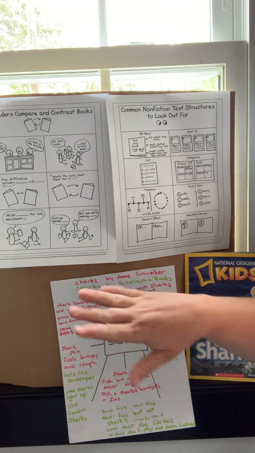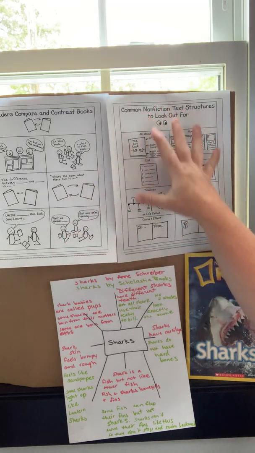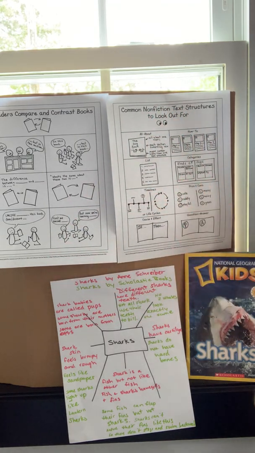In your learning plans this week, you have these two charts again. This chart again, the common nonfiction text structures to look out for. We'll be looking specifically at comparing the way authors organize their information, different books, comparing and contrasting.